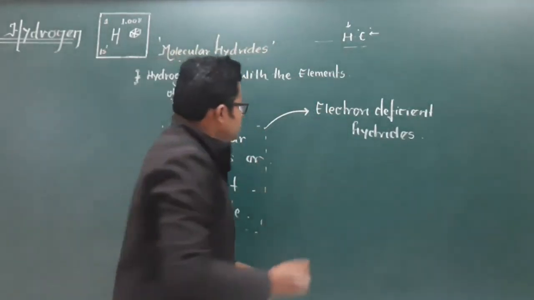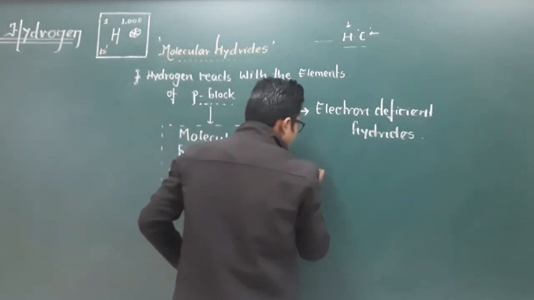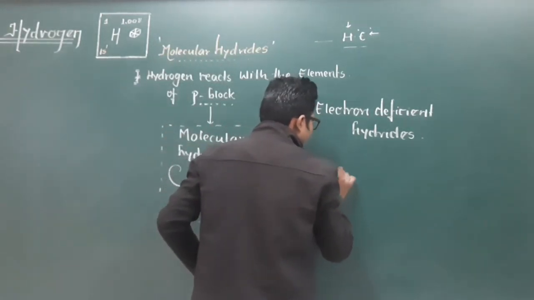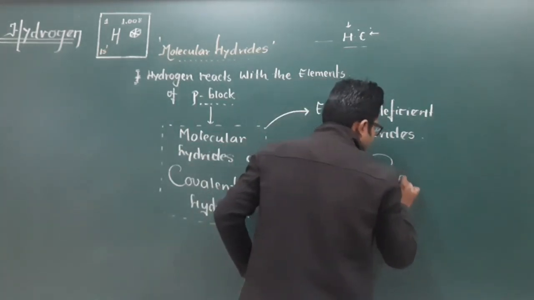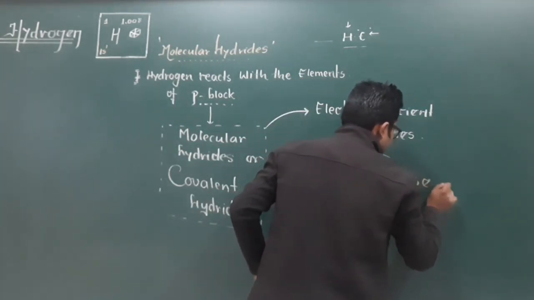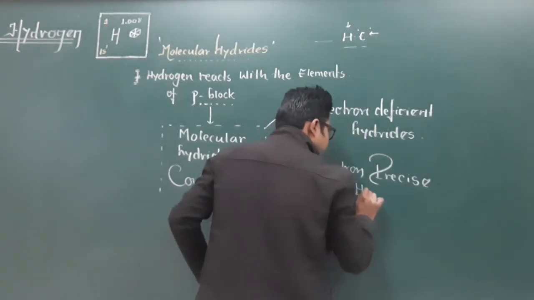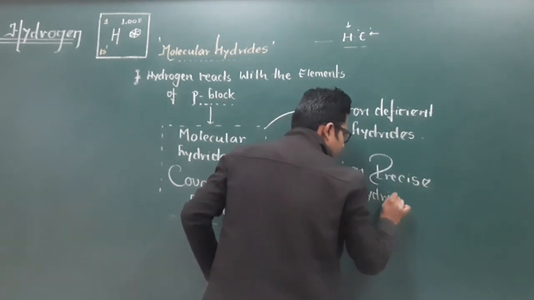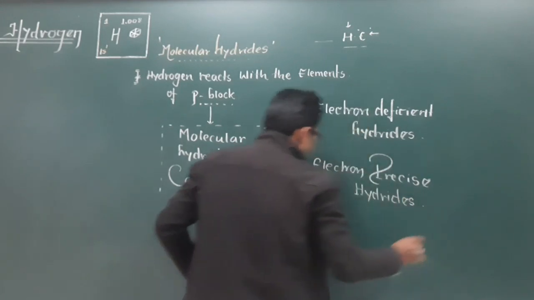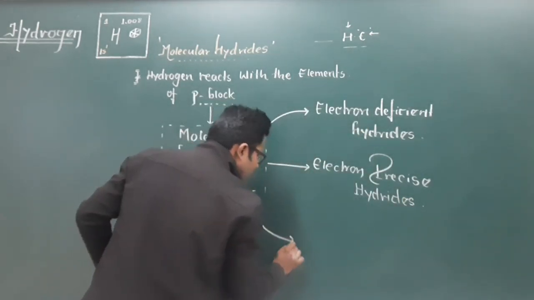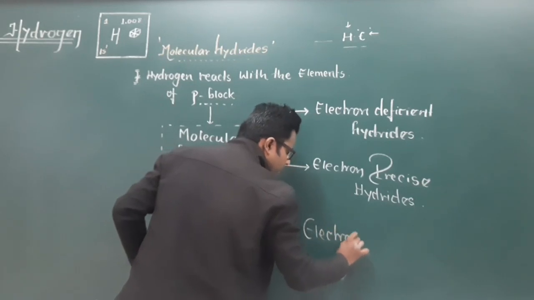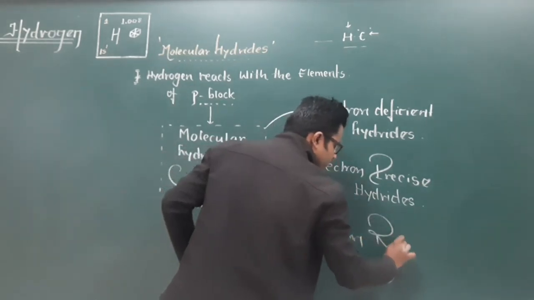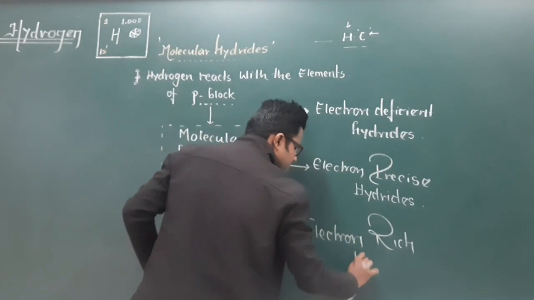The second one is called the electron precise hydrides, while the third one is called the electron rich hydrides.